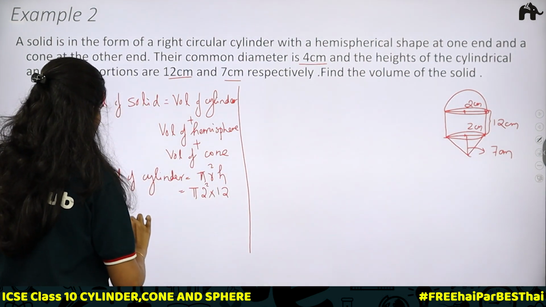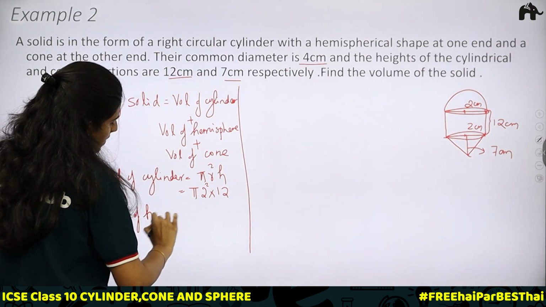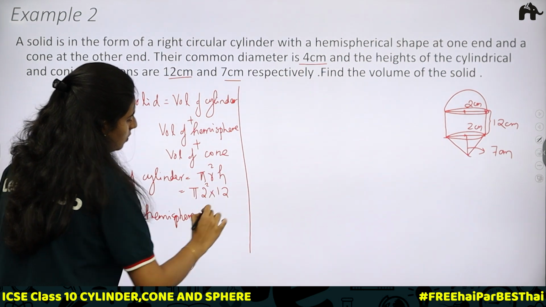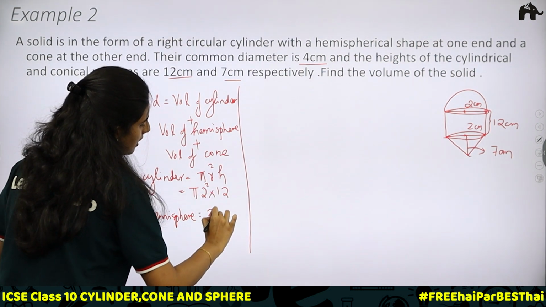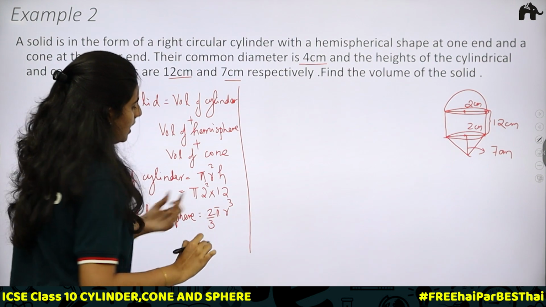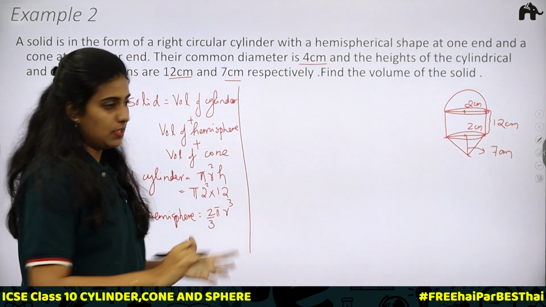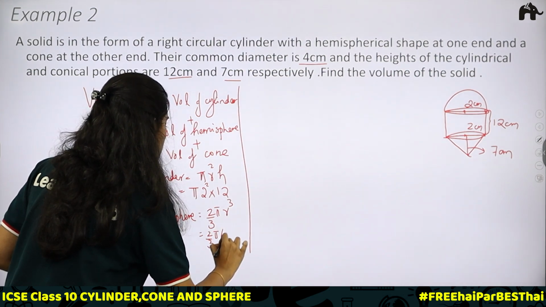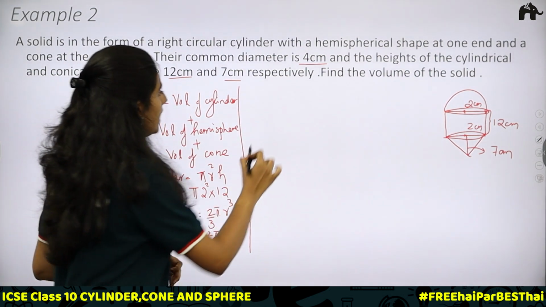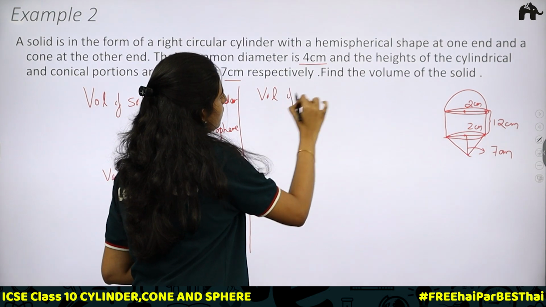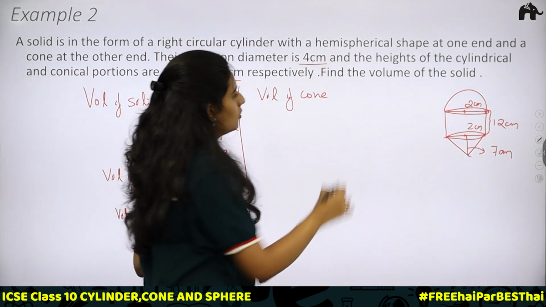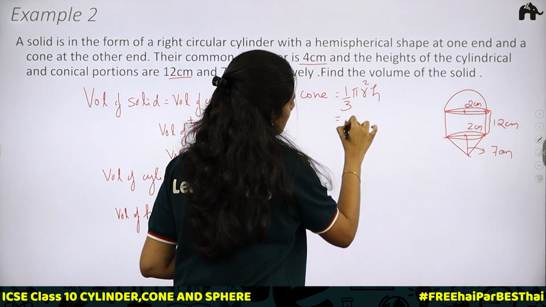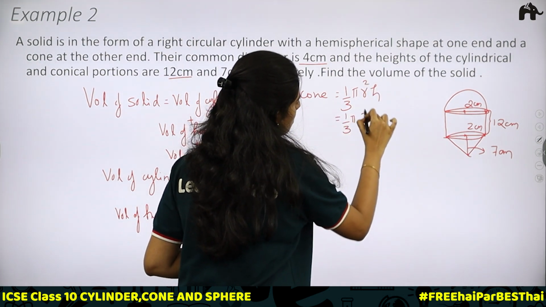Then, volume of hemisphere will be equal to 2 by 3 pi r cube. Here again the radius is 2 centimeter. 2 by 3 pi 2 cube. Next, volume of cone. What is the volume of cone? 1 by 3 pi r square h, that is equal to 1 by 3 pi 2 square.